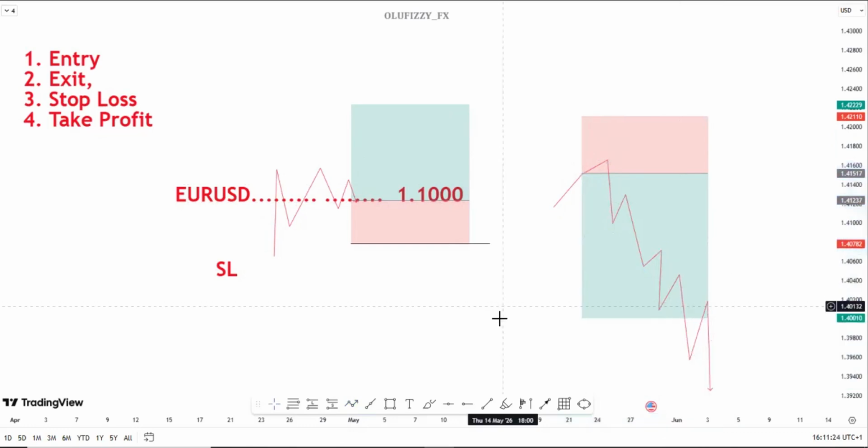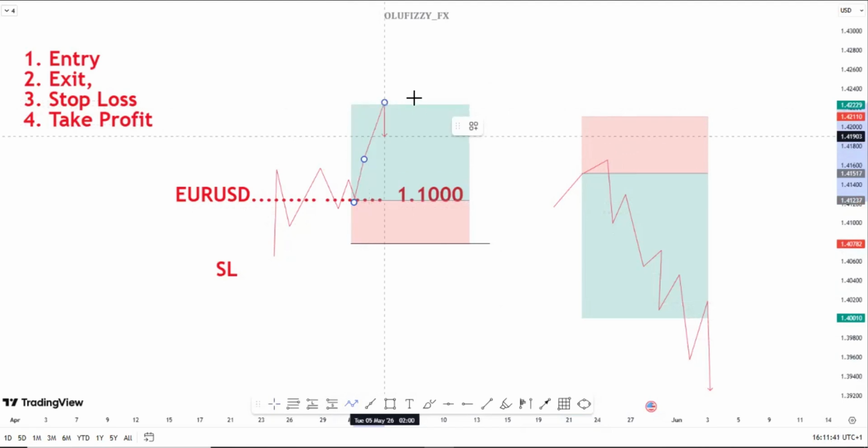Take profit is also very, very important because many traders lose profit because of greed. Take profit can save you from being too greedy. Let's say you have a take profit here, but you didn't set it. When price gets to this particular level, you might be open for more, and you don't want to close.